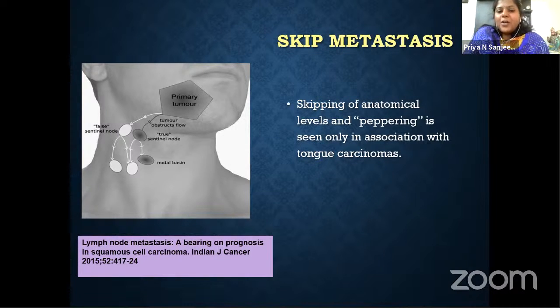If we are not able to make it out in any of those sections, we can go for immunohistochemistry, where pan-cytokeratin or CK19 can be used, and later molecular techniques can be used, like the PCR technique. Isolation of RNA is also tried. So I think we can go further for molecular techniques.